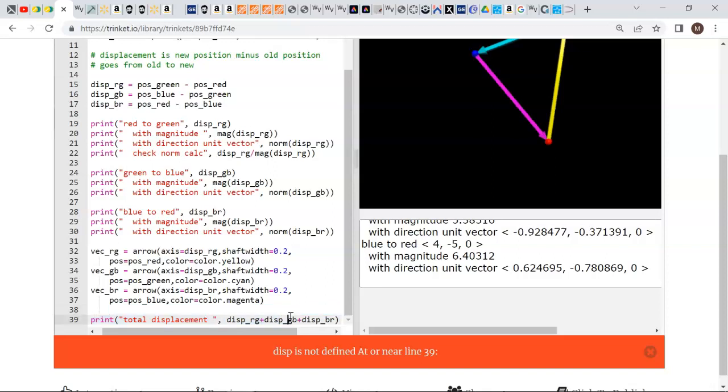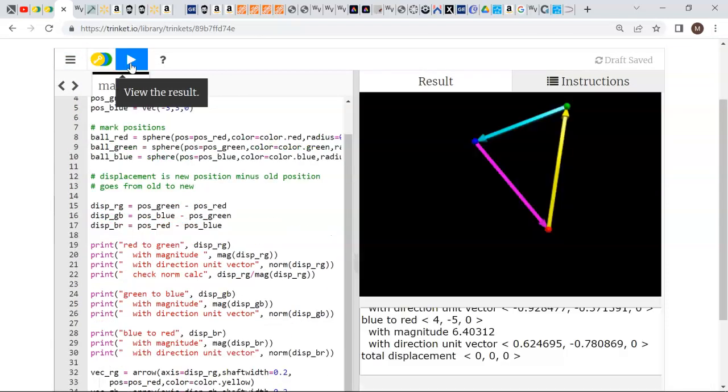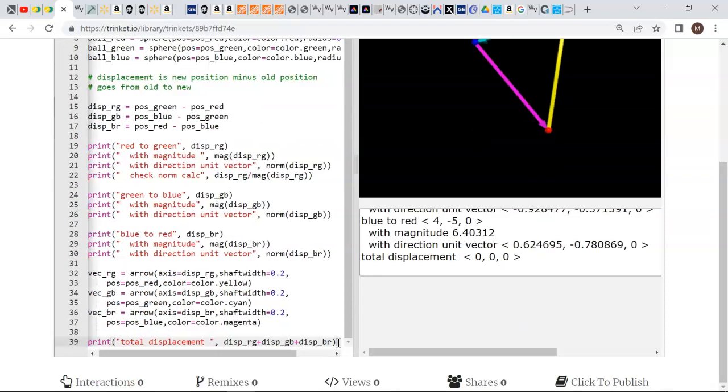That's supposed to be an underscore. I made that mistake earlier, but you didn't notice because I did it when I wasn't recording. Total displacement 0, 0, 0. We ended up where we started. So that is what we would expect.